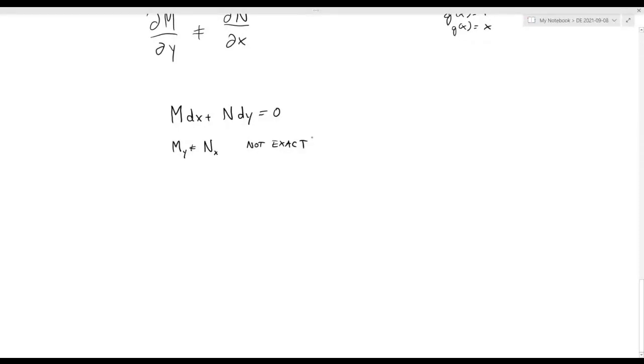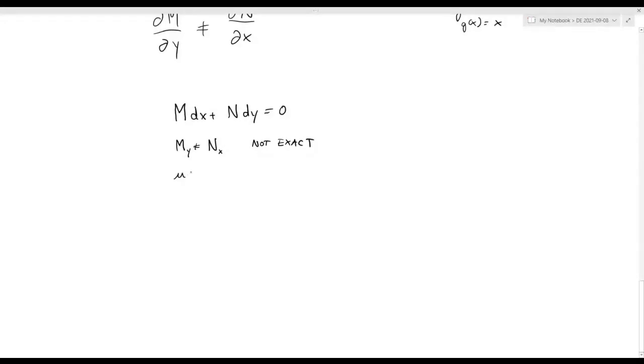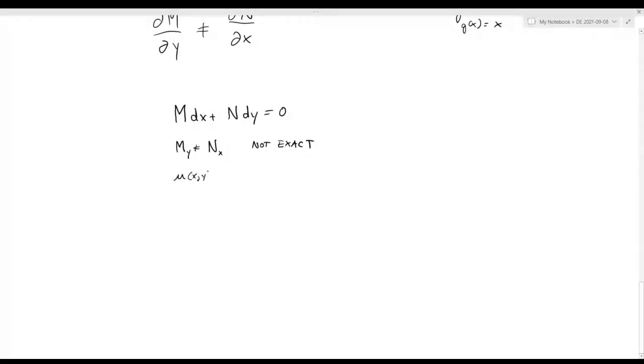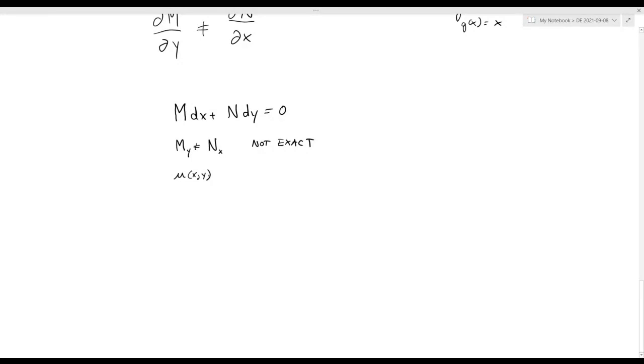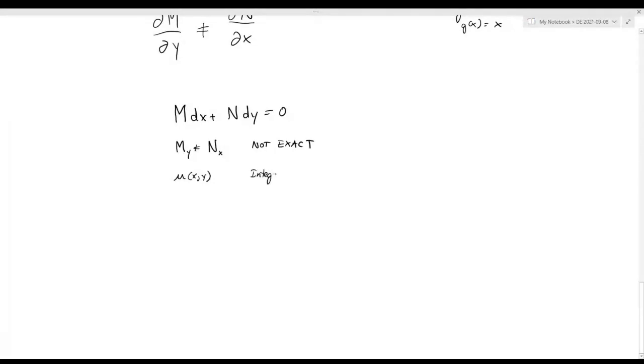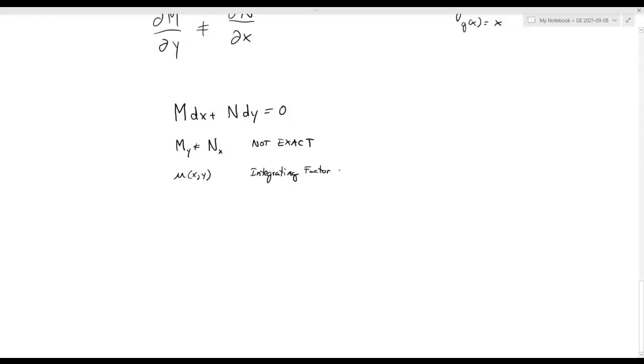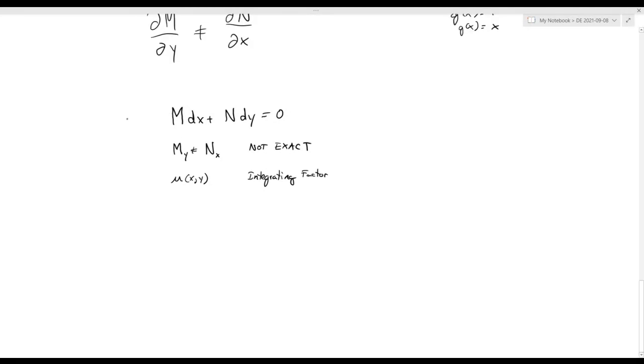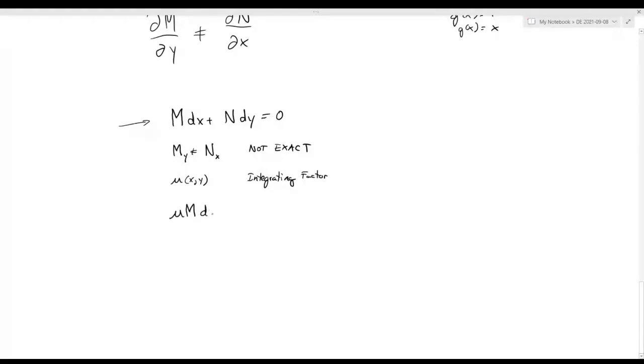Well, what if we could magically multiply both sides of this differential equation by a function, possibly of x and y, so that it does become exact? So let's call this function of x and y mu. That's a new convention some people use. And this is called the integrating factor. It's going to be designed so that when we multiply the equation by mu, the integrating factor, we get something which is exact.